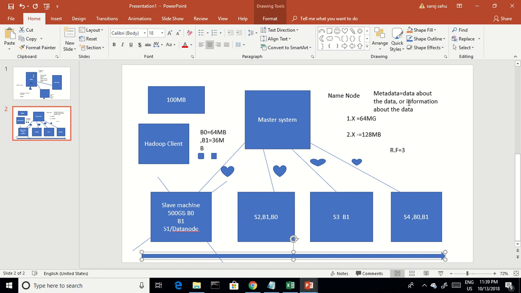It has information like metadata. So it will read the metadata file and give guidance to the client that block 0 is present in the first machine, or block 1 is present in the second machine, so that the client can read the data.